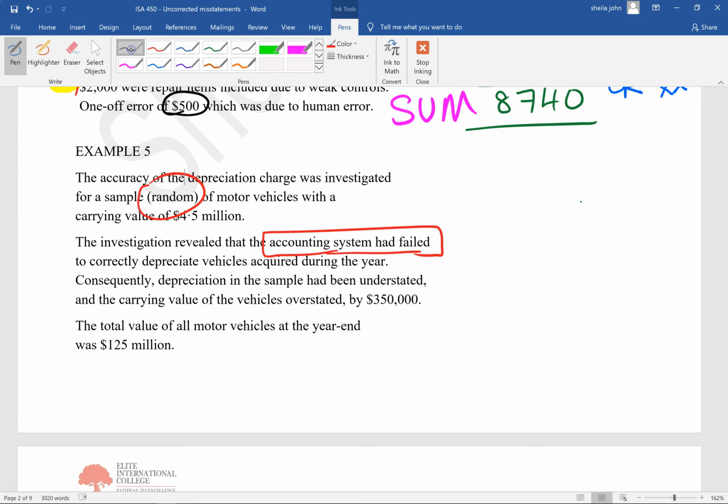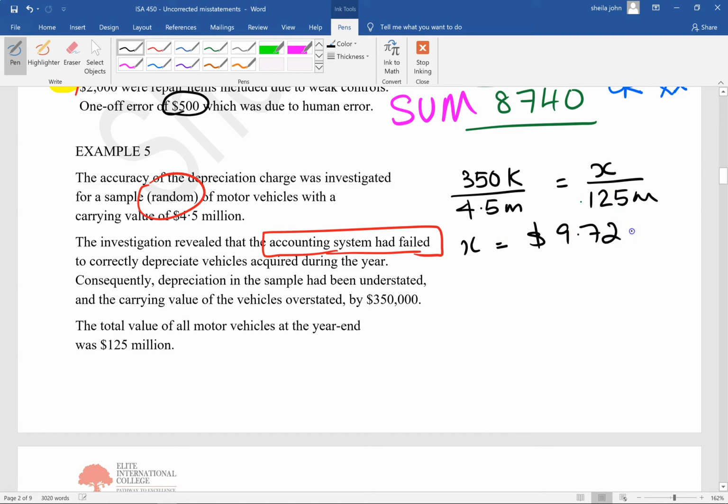So let's do the calculation here. We've got 350,000, the depreciation that was understated, divided by the sample value of 4.5 million. So it's equal to how much under-depreciation in the total population of 125 million. Therefore, if you do the calculation out, X is equal to 9.72 million.